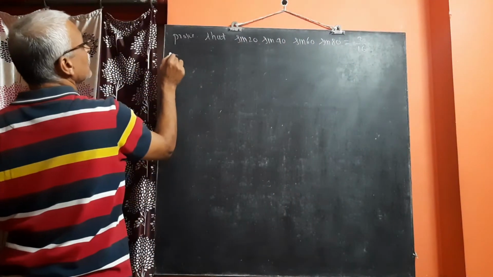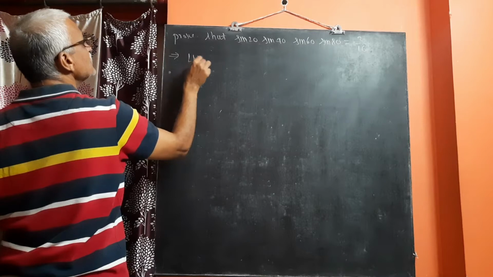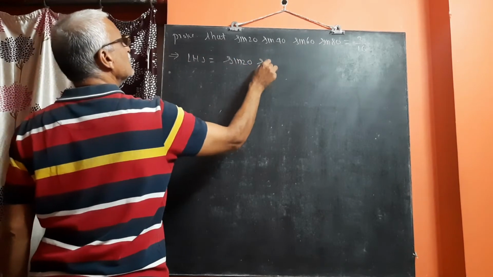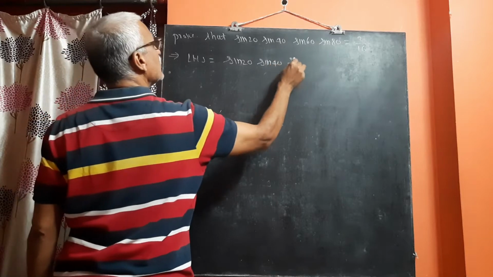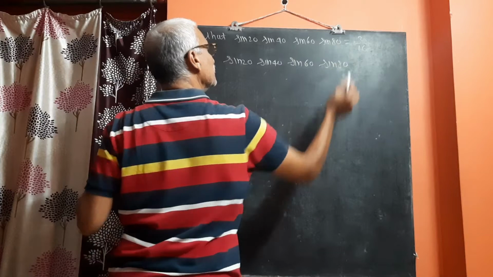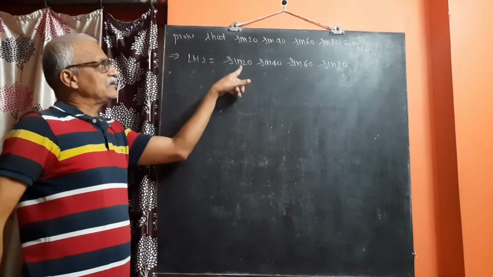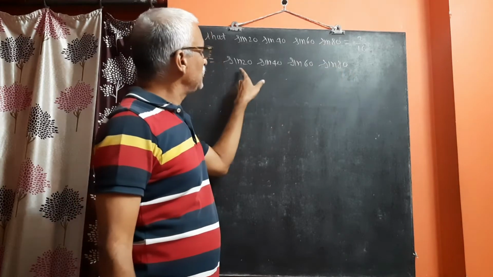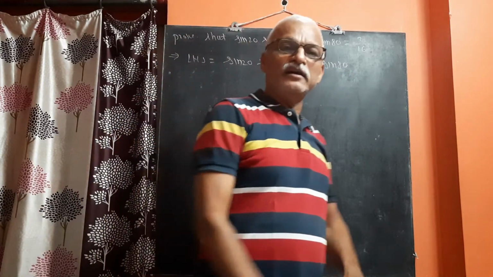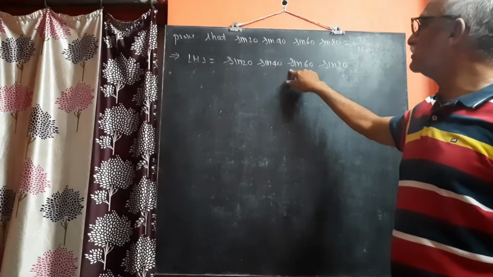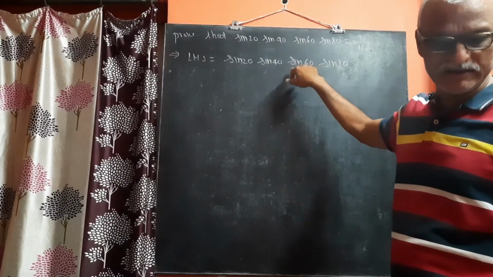Let us start. The LHS is given as sin 20, sin 40, sin 60 into sin 80. Now there are 4 angles, 20, 40, 60 and 80. Out of these 4 angles, the standard angle is 60. What is the value of sin 60?